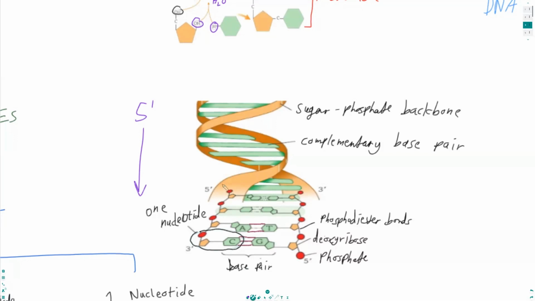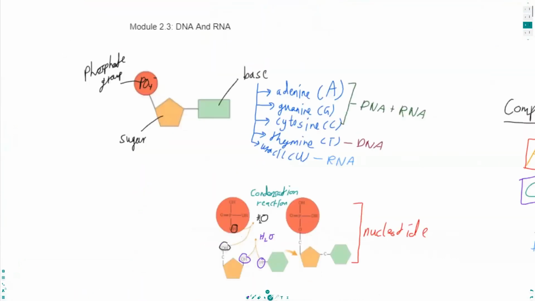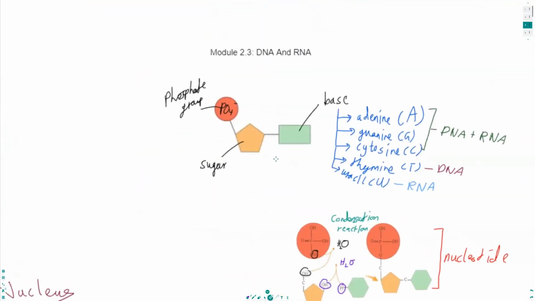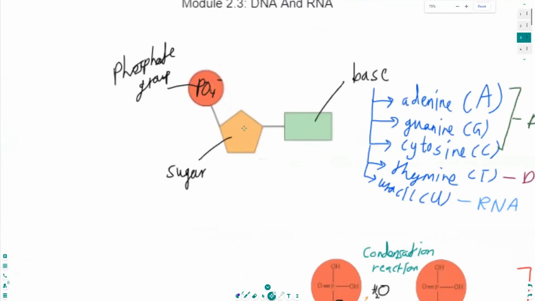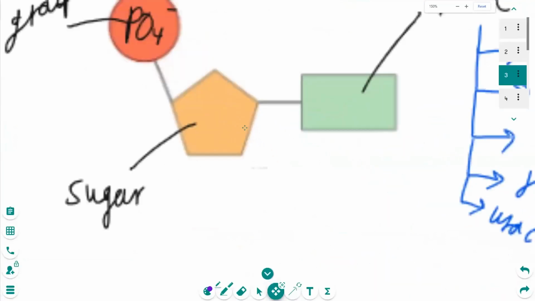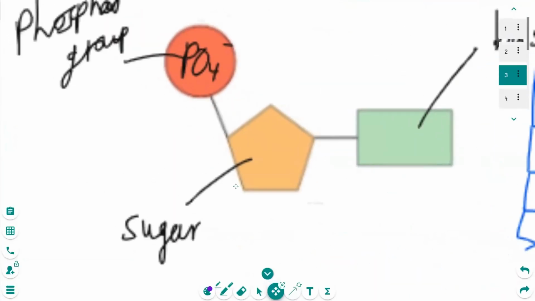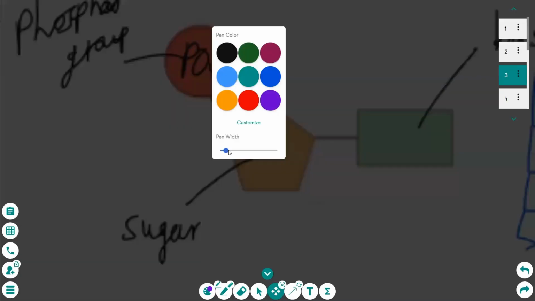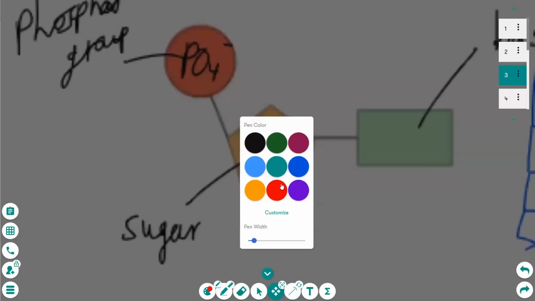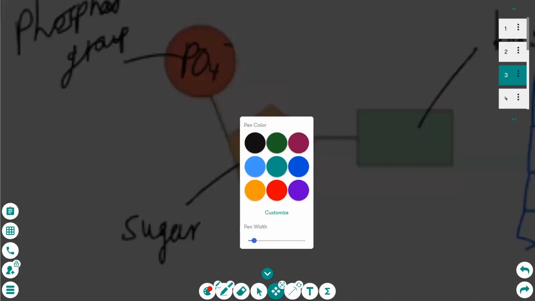What do we mean by 5 prime? Here we label the carbons after the oxygen. If I go back up here to show you what I mean, on the sugar, deoxyribose, the carbons are labeled right after the oxygen in a clockwise manner.